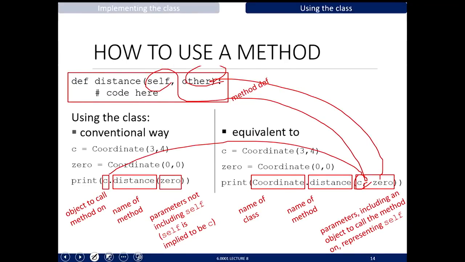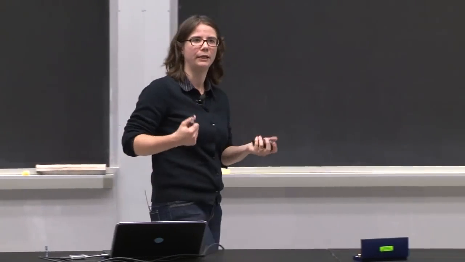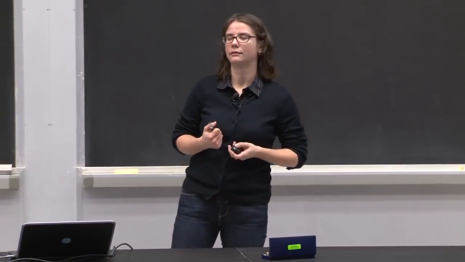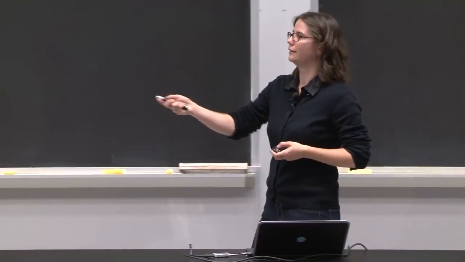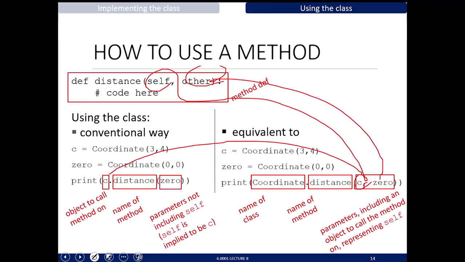And as I mentioned, Python implicitly says if you're doing the one on the left, you can call this method on a particular object, and it's going to look up the type of the object, and convert this on the left to the one on the right. And this is what you've been using so far. So when you create a list, you say L is equal to [1, 2], and then you say L.append(3), or whatever. So we've been using this notation on the left pretty much from the beginning of class.